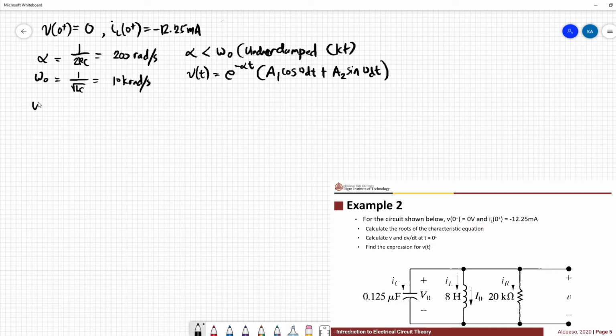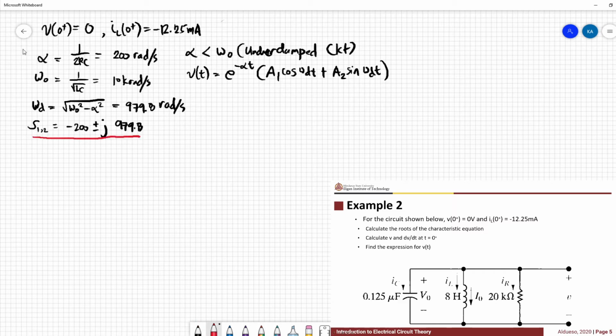Finding the roots, we need to calculate first wd, equivalent to square root of omega naught squared minus alpha squared, equal to 979.8 rad per second. Our roots for the characteristic equation are negative 200 plus minus j 979.8 for A.